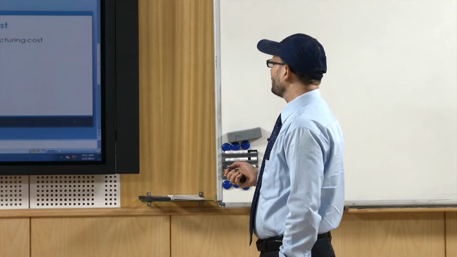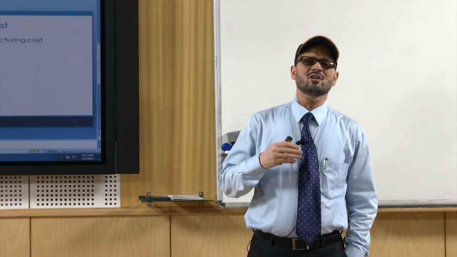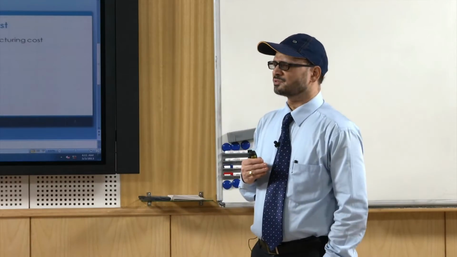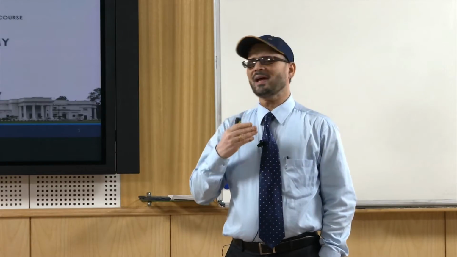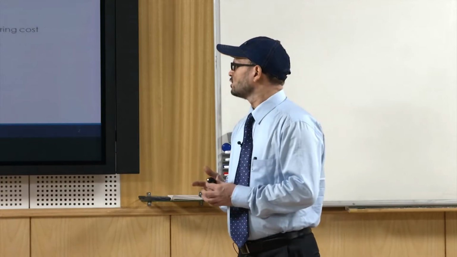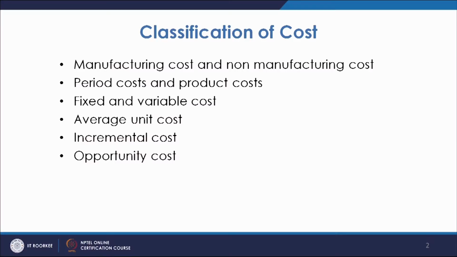Now, coming to the first type of cost relating to the manufacturing of components, let us first discuss the costs. If we look at the manufacturing aspect, manufacturing of any component, you have manufacturing cost and non-manufacturing cost.